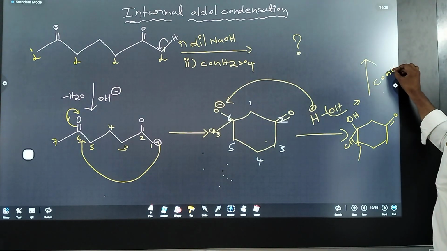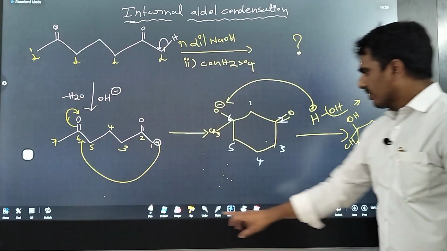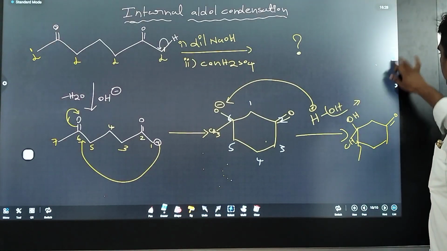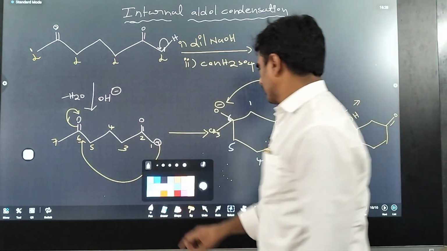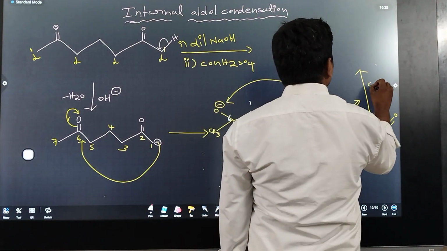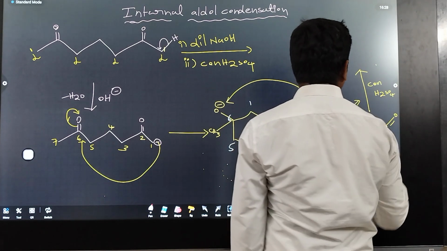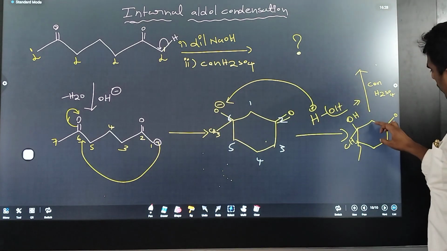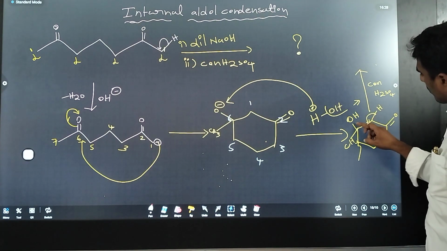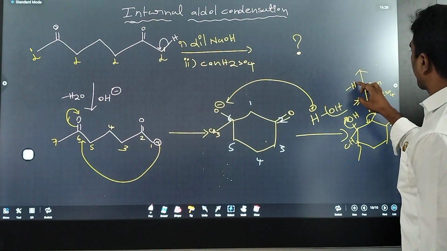Concentrated H2SO4 acts as a dehydrating agent. Here hydrogen is there, this electron displacement towards here, and a water molecule, H2O, is eliminated.